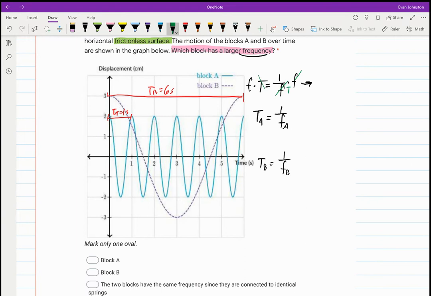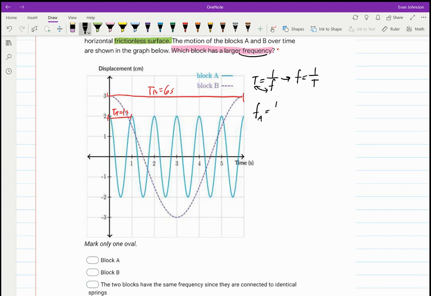Sure, that's one way to look at it, but that seems like a lot of unnecessary writing in my book. So I would just say that period is 1 over frequency, and then we can just switch these spots, because I multiply F over, so it's up here, and then I divide by T, so it's down there. So frequency is 1 over the period.